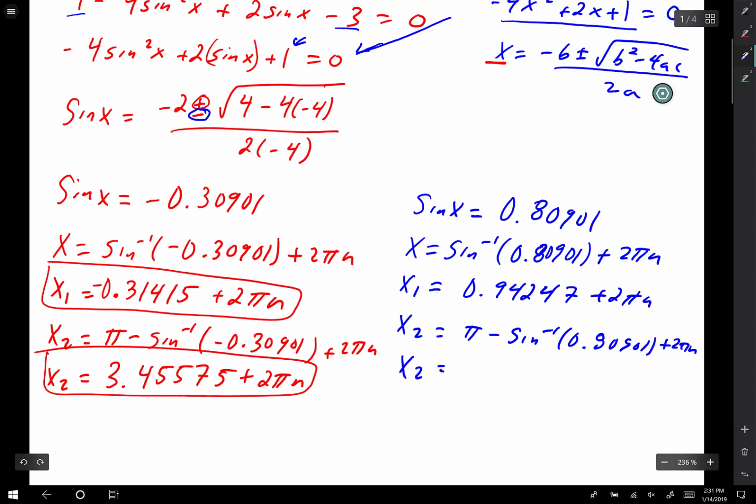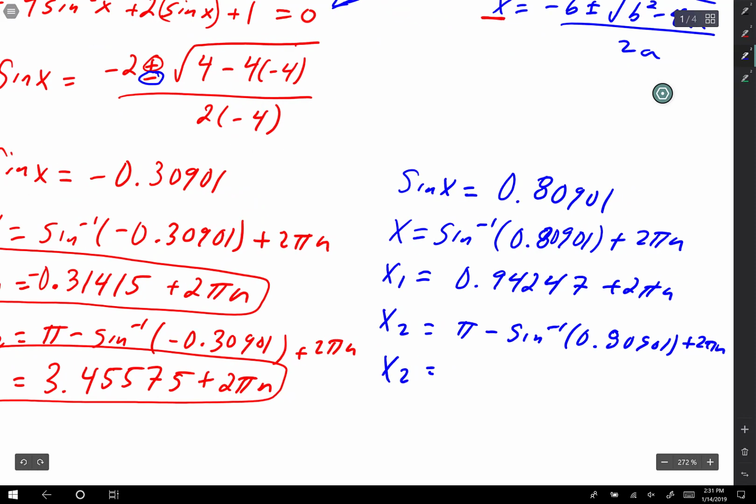So x2 equals, excuse me, sorry, pi minus... and there you go, guys, 2.1991 plus 2 pi n. Okay. I don't know why I don't like those numbers, but no, we did it right.